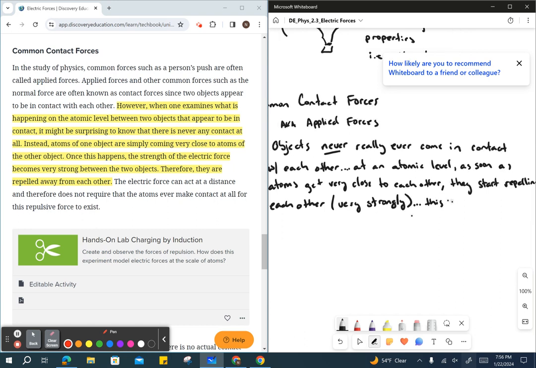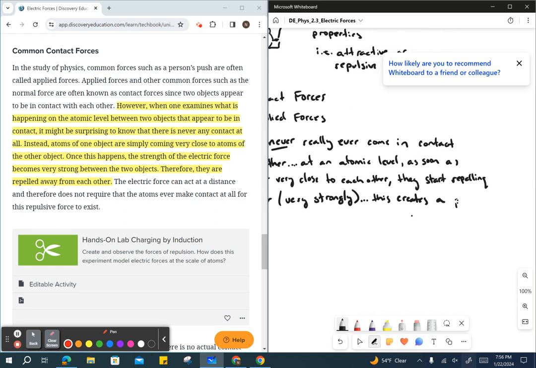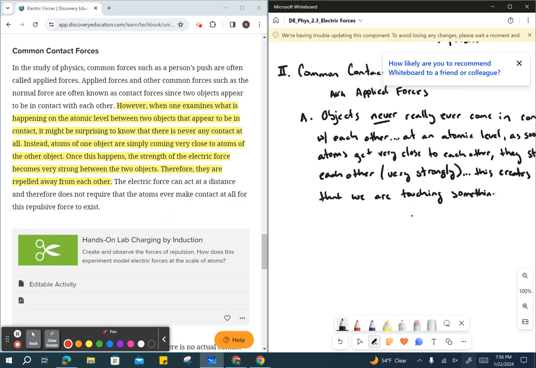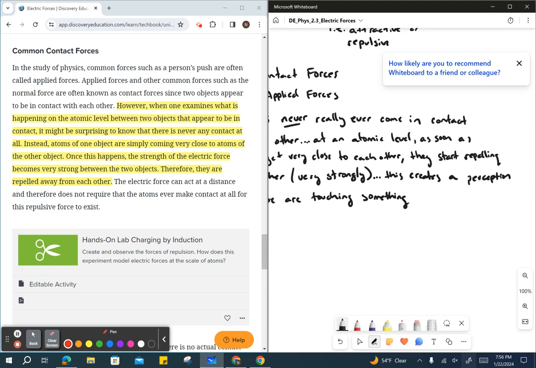This creates a perception that we are touching something, when in reality we are not.